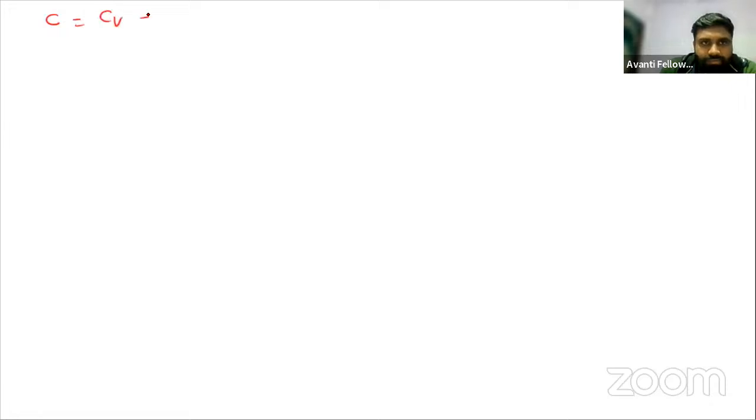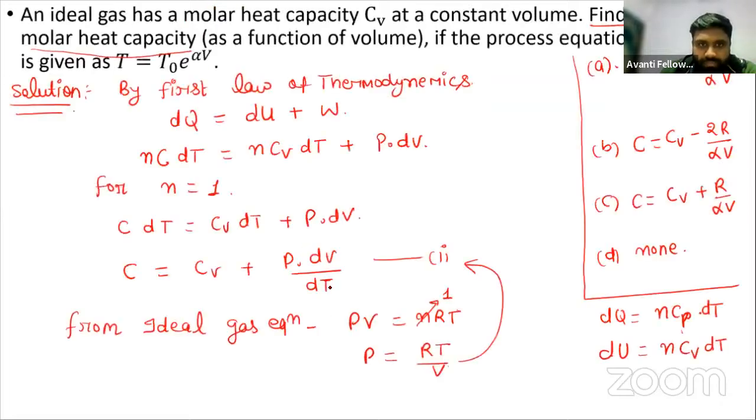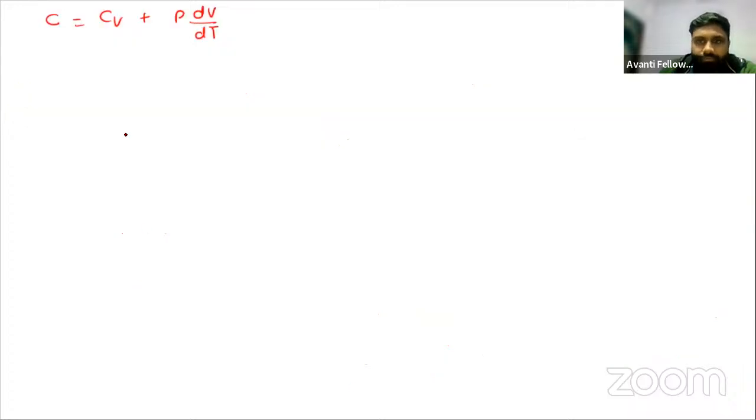What will it become? C is equal to Cv plus P dV by dT. Now the value of P we have to put is RT upon V. So C is equal to Cv plus RT upon V into dV by dT. Okay.